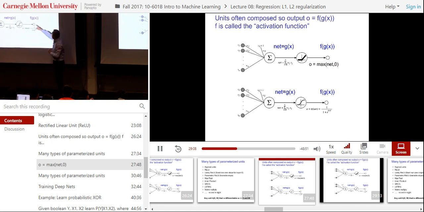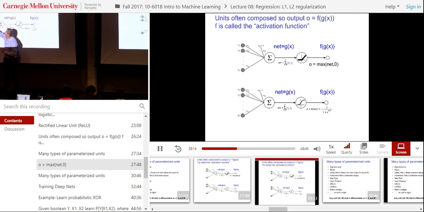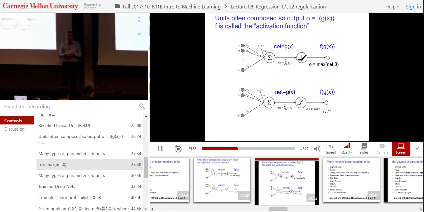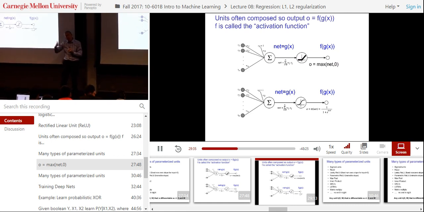And second, the output has to be differentiable with respect to each of the parameters that are learned. So not just the x inputs, but also the w parameters. And you can make up pretty much any functional form you like with any parameters you like, provided your overall unit satisfies those two properties. The output should be differentiable with respect to both the inputs to the unit and the parameters.